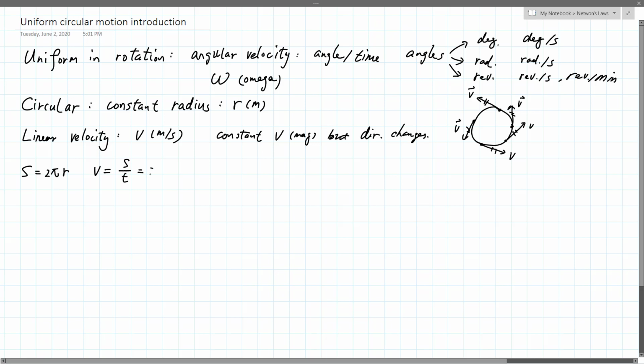So it is 2 pi r over t, right? And we know that this t is actually a period, right? A whole period we were describing. So this thing is the angle per second, if we're using radians, right?